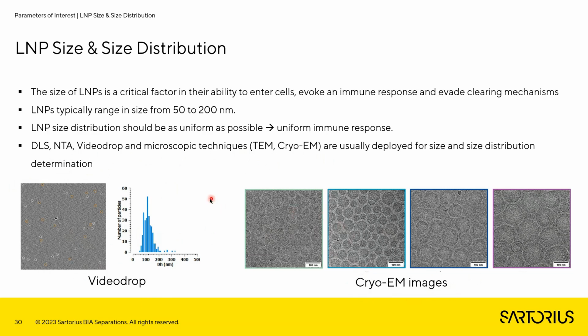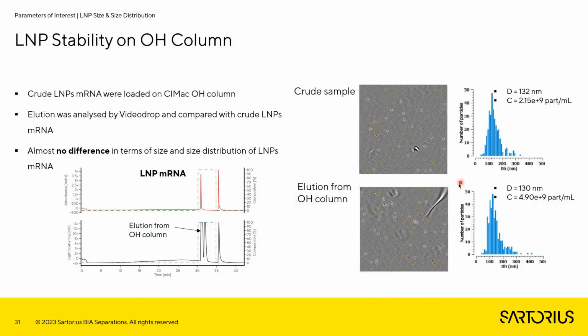So first thing, to see if this system can be used for size determination, we need to check if we somehow change the sample regarding the size and size distribution when we bind it on the OH column and then also elute it from the column.